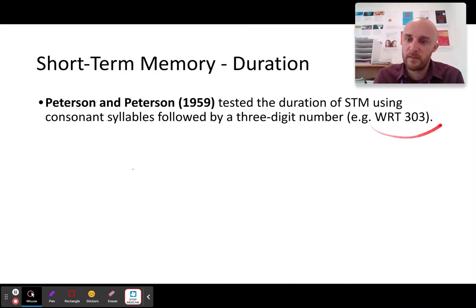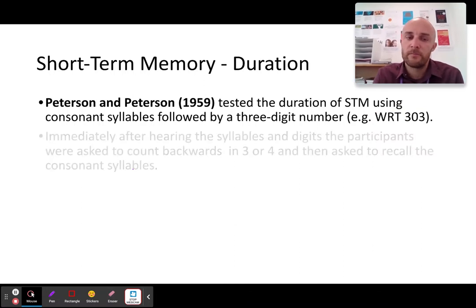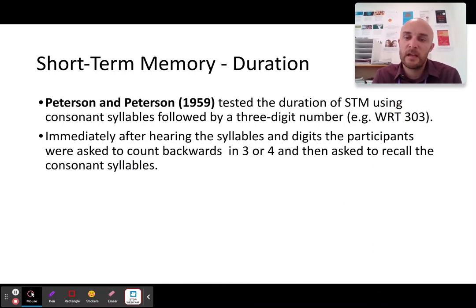They'd give someone 3 letters followed by 3 numbers. Immediately after hearing the syllables and the numbers, the participants were asked to count backwards in 3s or 4s from this number. Then afterwards, they were asked to recall the consonant syllables, the letters.